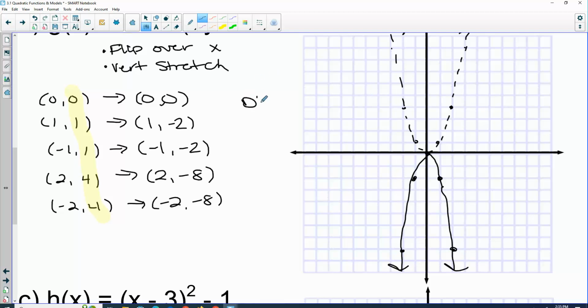What's the domain? What is the range? Any questions so far?